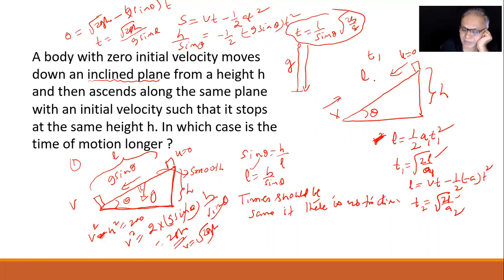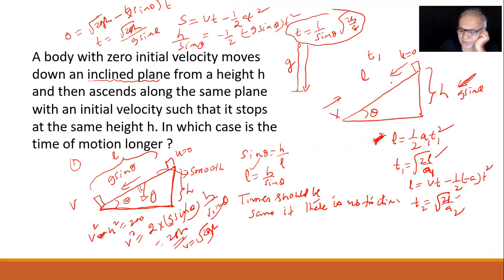While coming down, friction acts up. While going up, friction acts down. But g sin theta is all the time downwards. While going up or coming down, g sin theta is this way, friction is that way.